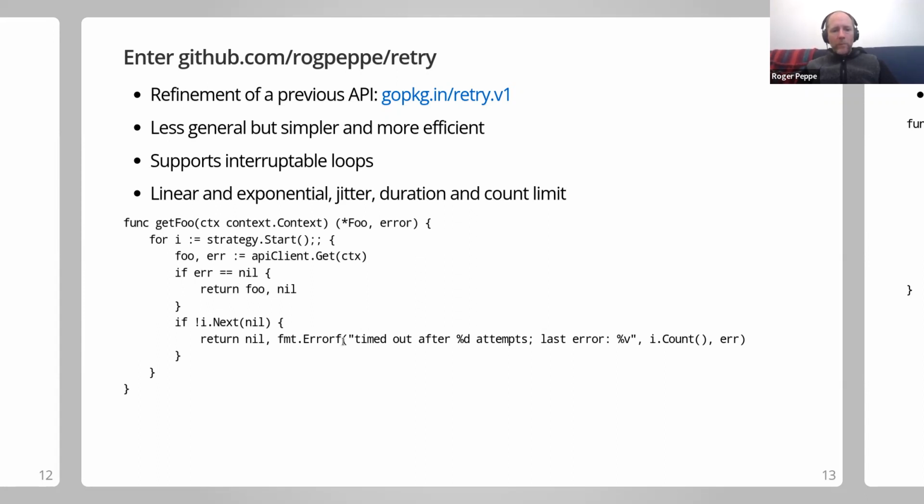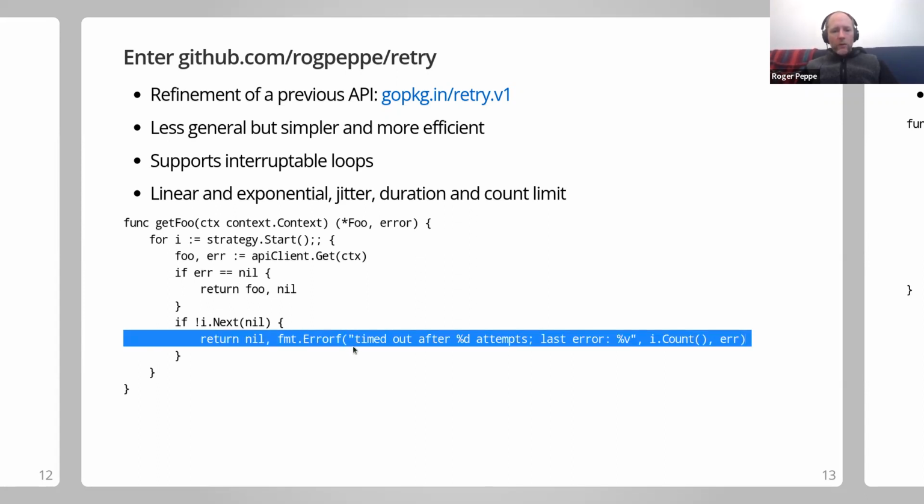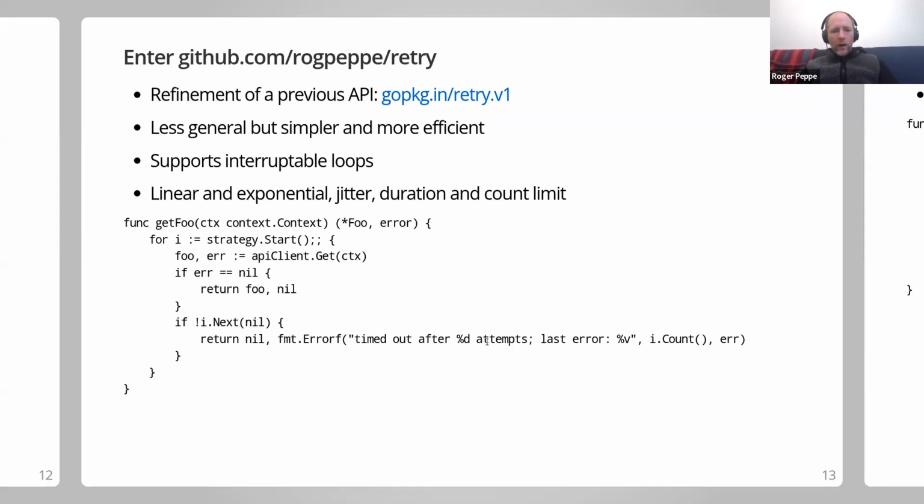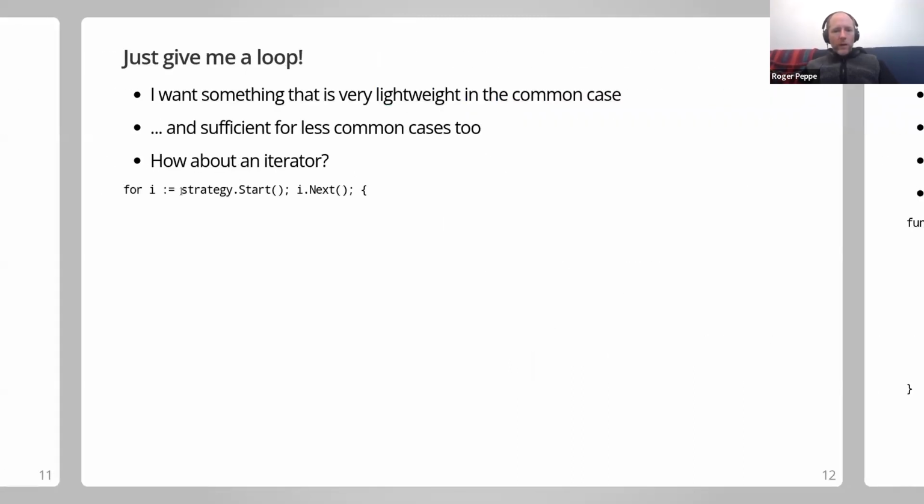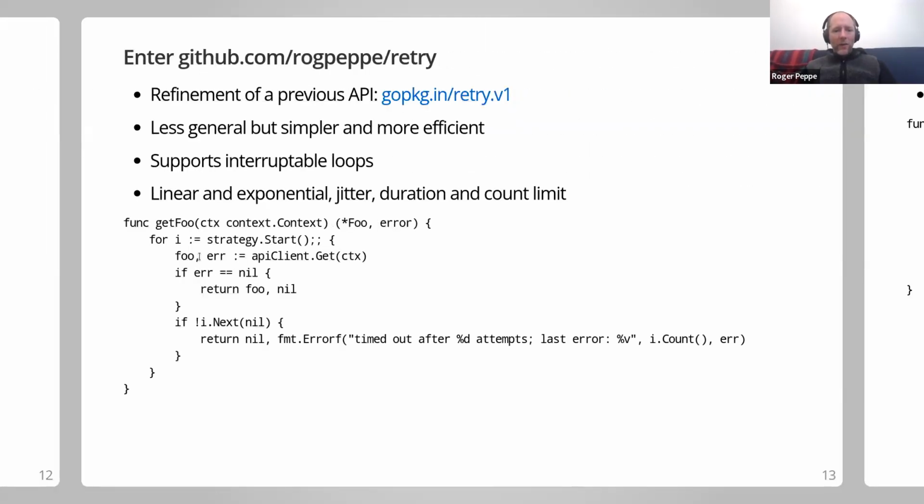For example, here we returned an error which included how many times we went through the loop, which is a little feature it provides too, and it included the error that we just returned. One issue with a loop like this, with i.next, is that you have the error, then you find out in the condition that you're not going to have another iteration, and you think, oh damn, the loop's finished and I can't get back to the error that just happened.